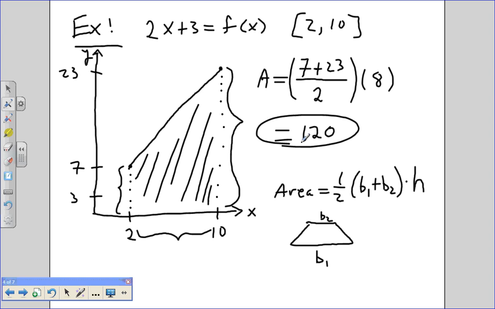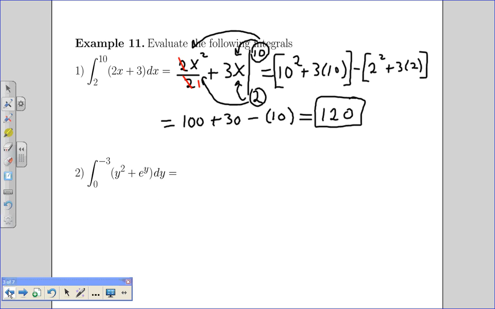Now, they're not all polynomials. Sometimes you have something here like y squared and e to the y, and this is all integrated with respect to y, but the procedure is still the same. You integrate, and so you get y cubed over 3. The integral of e to the y is e to the y, and I evaluate from 0 to -3.